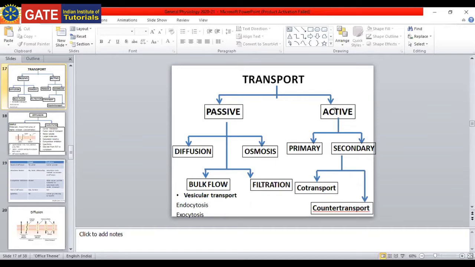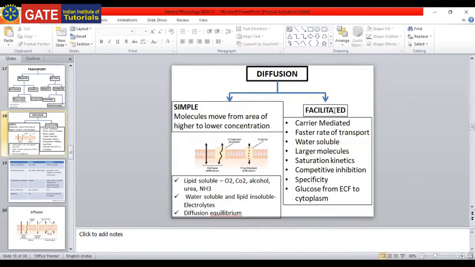Also filtration across the membrane is passive transport, because it depends on the pressure. Active transport includes the primary and the secondary. Under secondary, we have two types, the co-transport and the counter transport.